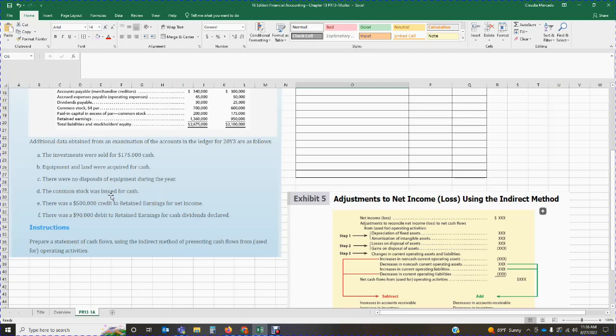The common stock was issued for cash. There was a $500,000 credit to retained earnings for net income, and there was a $90,000 debit to retained earnings for cash dividends declared. The instructions are to prepare a statement of cash flows using the indirect method of presenting cash flows from or used for operating activities.